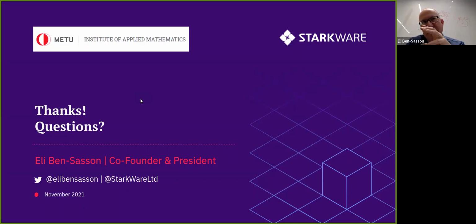Rijndael is an interesting middle case, in which they still wanted to optimize silicon and electricity consumption. However, for various reasons, they did opt to use the finite field of size 2 to the 8 for various operations. Because of that, Rijndael and AES happen to be slightly more efficient if you work over a binary field.